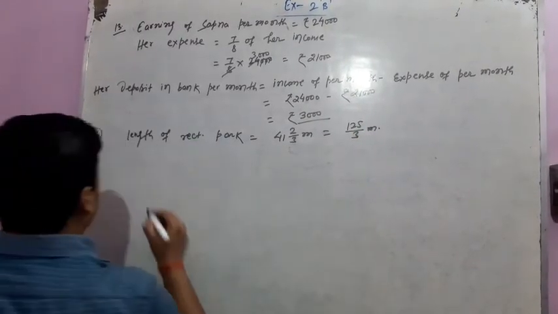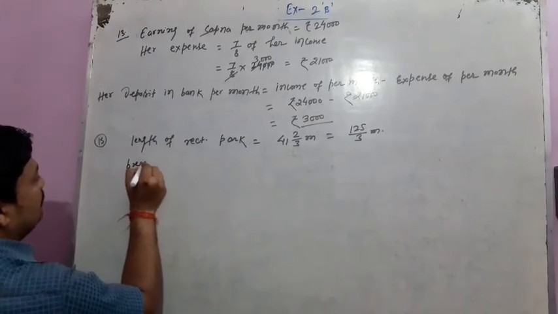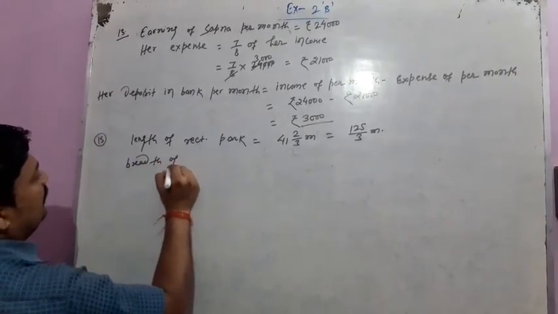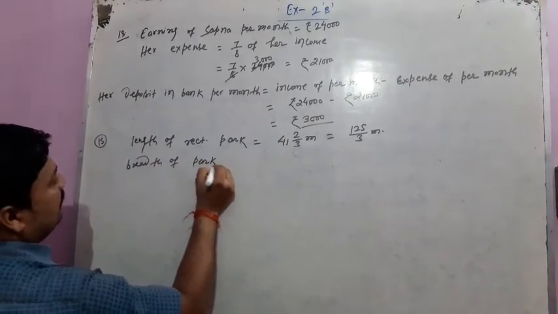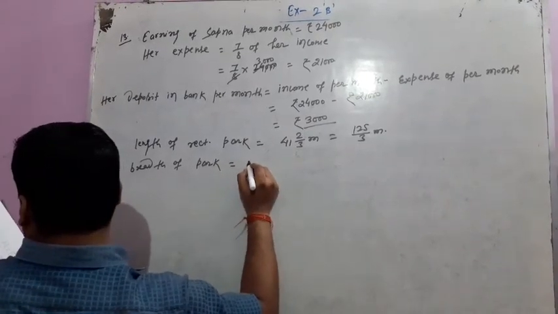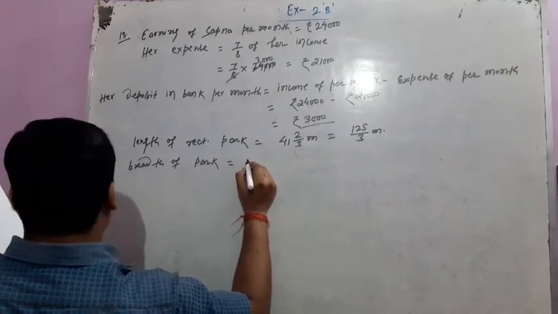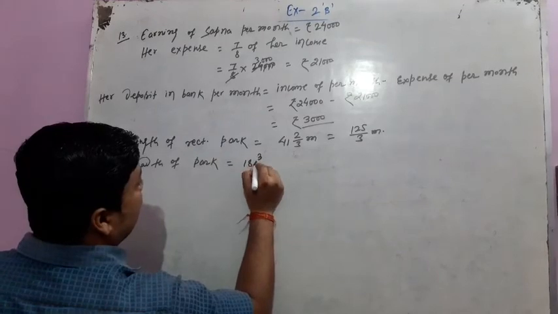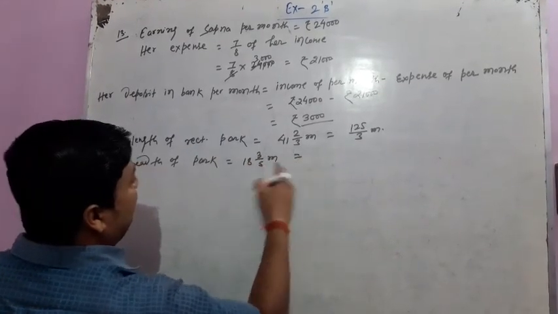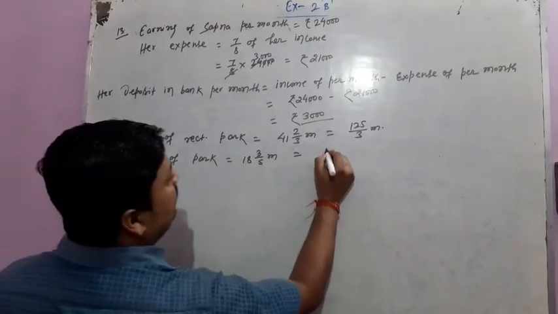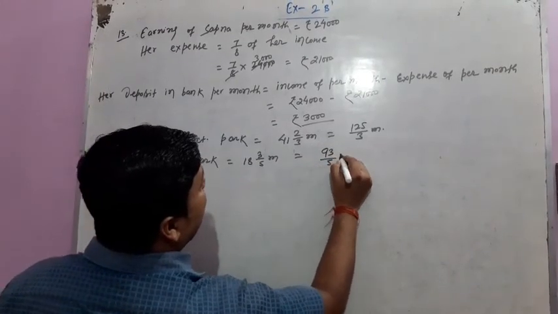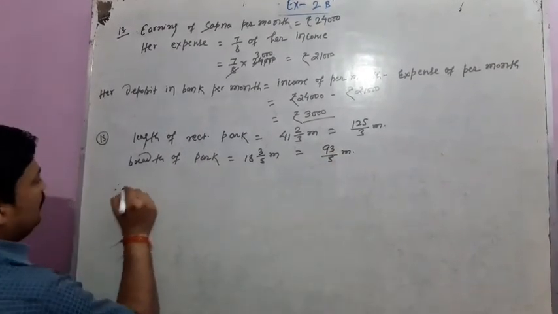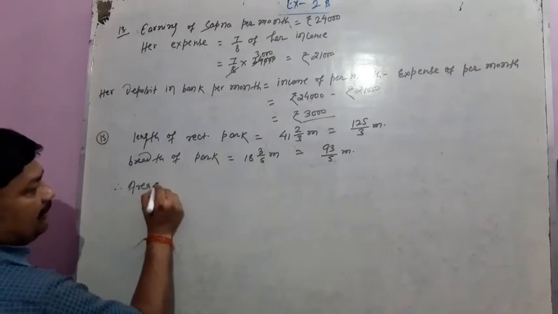And the breadth of park is here 18 whole 3 by 5 meter. So 18 5s are 90 and 3, 93 by 5 meter.